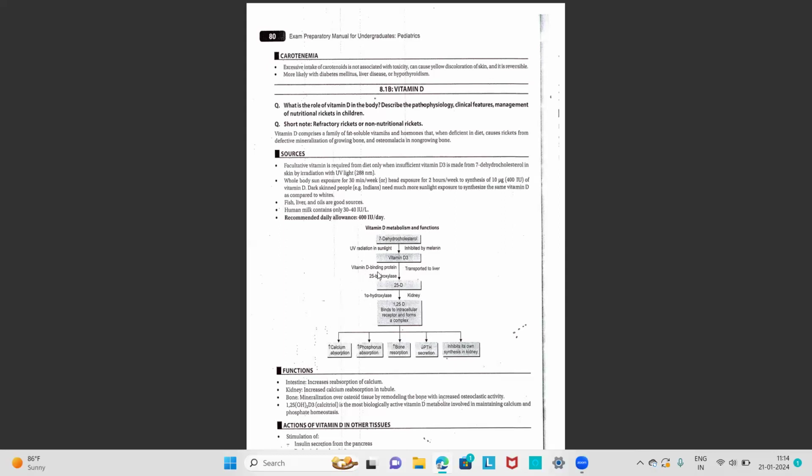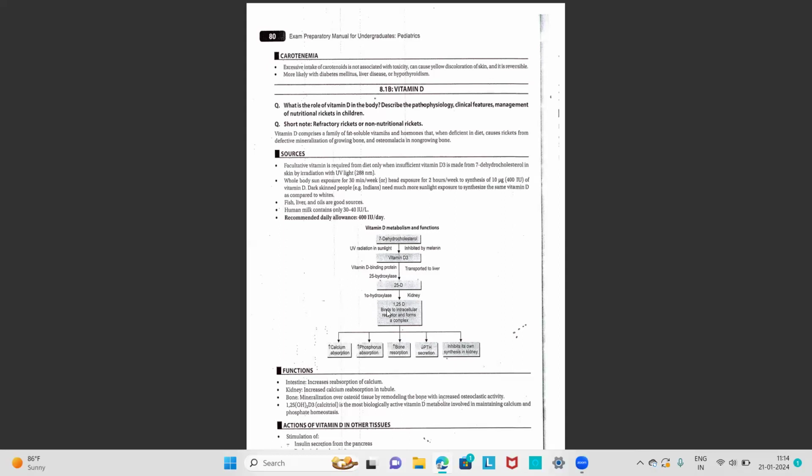This vitamin D3 binds with vitamin D binding protein and is transported to the liver, where the 25-hydroxylase enzyme hydroxylates it to produce 25-hydroxy vitamin D3. This is again transported to the kidney, where the enzyme 1-alpha hydroxylase again hydroxylates the 25-D.